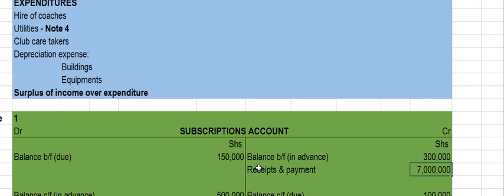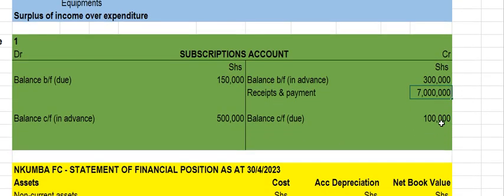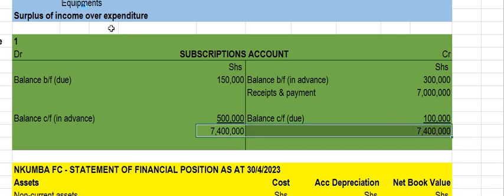When you balance off this account, the balancing figure will represent the subscription income for the year. And that's what you take to your income and expenditure account, as we are going to see how much is the subscription income for the year.